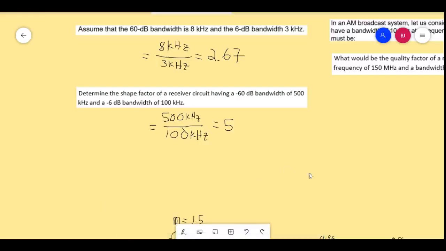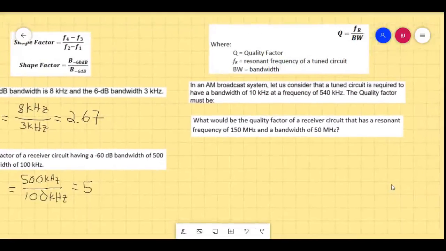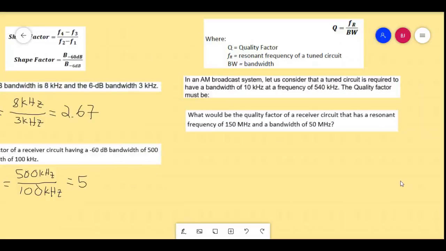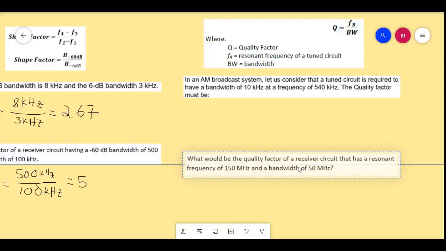Now let's take a look at how we determine quality factor. The quality factor is just a ratio of the resonant frequency in a tuned circuit, or the operating frequency of the signal, divided by its bandwidth. So let's say we have an AM broadcast system here, and we are to determine its quality factor.